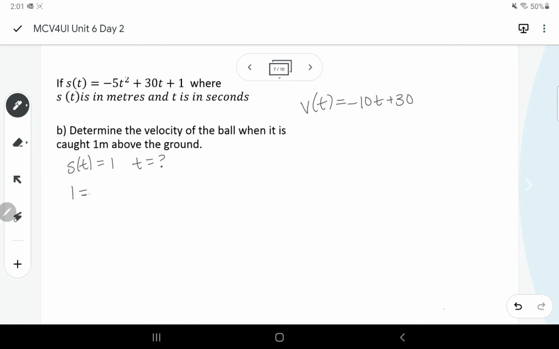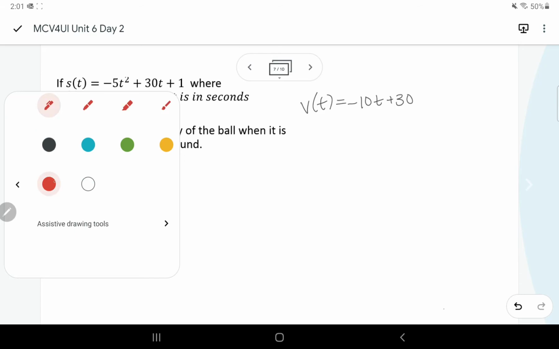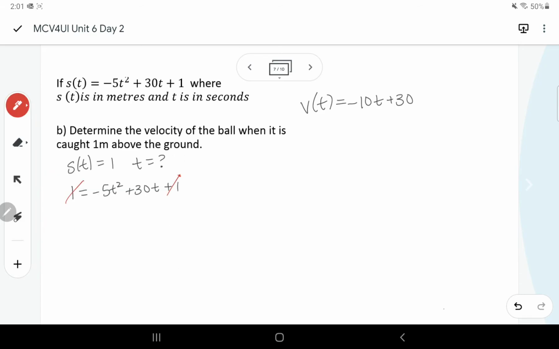So I'm going to substitute 1 in and solve for t. So the two 1s will cancel out, which is kind of nice. So 0 equals negative 5t times t minus 6. T equals 0 or t equals 6. So at time equals 0, that's not when the ball's caught, that's when it's thrown. And time equals 6 is when it's caught.